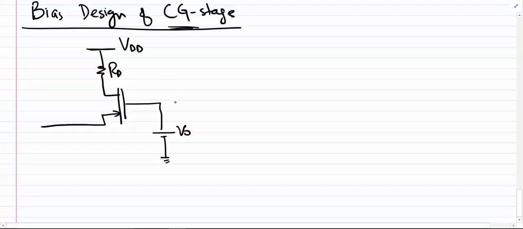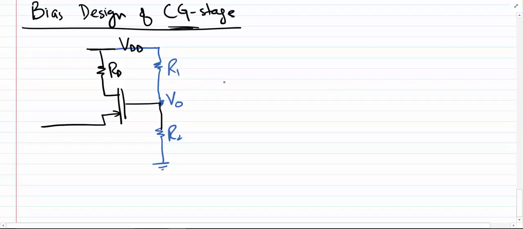So what we do is we introduce a voltage divider configuration here, like this, where we have R1 and R2. We select the values of R1 and R2 such that the voltage over here is now V0.